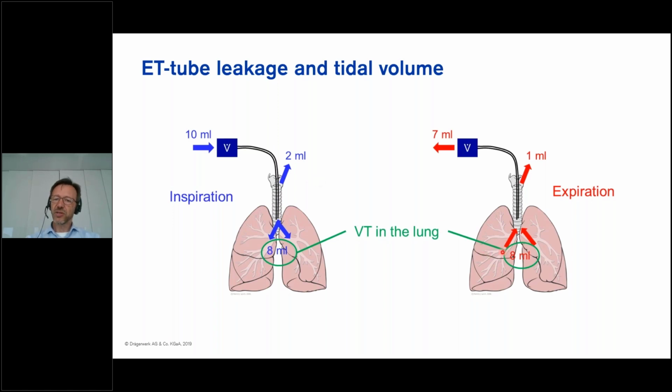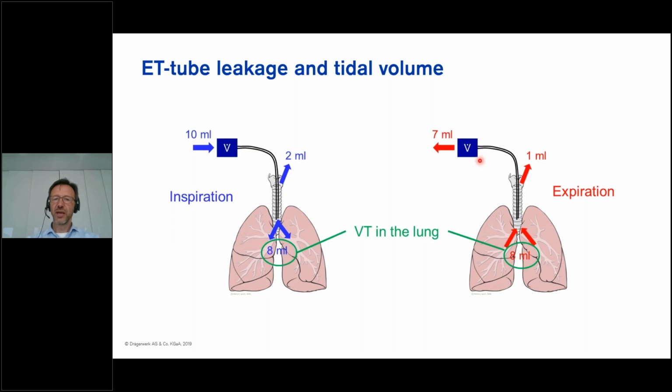These 8 milliliters are then exhaled during expiration. Here again, 1 milliliter escapes through the ET tube leak, and 7 milliliters are measured by the proximal flow sensor as expiratory tidal volume.